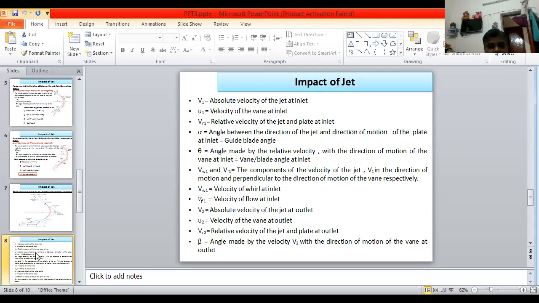Vf1 is also known as the velocity of flow at inlet. v2 is equal to the absolute velocity of the jet at outlet. u2 is equal to the velocity of the vane at outlet. Vr2 is equal to the relative velocity of jet and plate at outlet. Beta is equal to the angle made by the velocity v2 with the direction of motion of the vane at outlet.